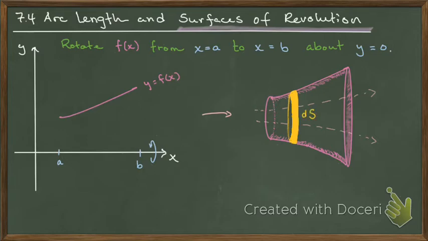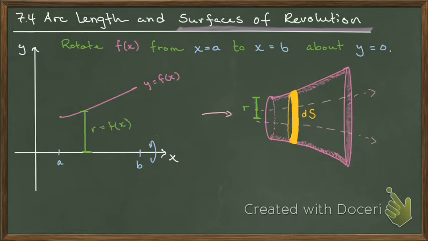There's my capital S. That dS represents the area of the surface, as a portion of the whole surface. To find that area, I need the radius here, and then what I'm going to look at is actually the circumference. That radius is going to be just what my function is.